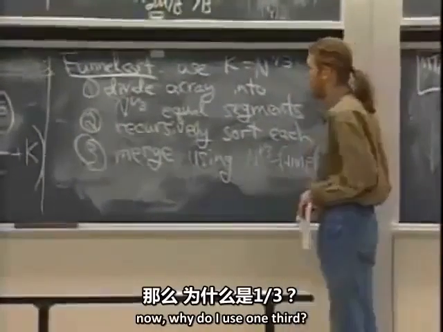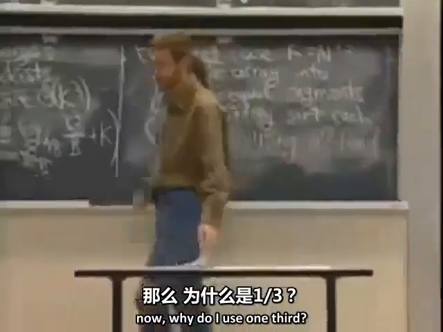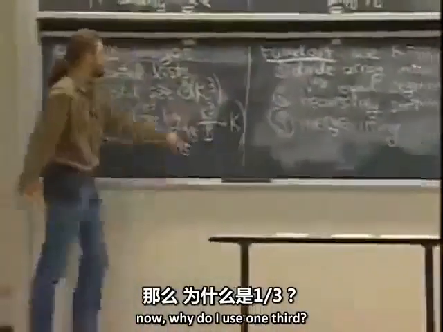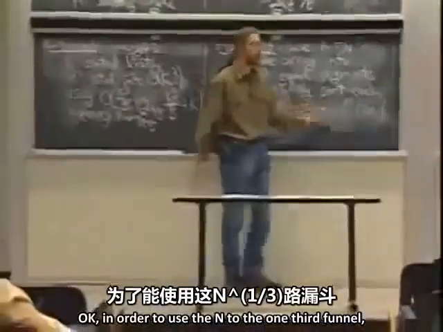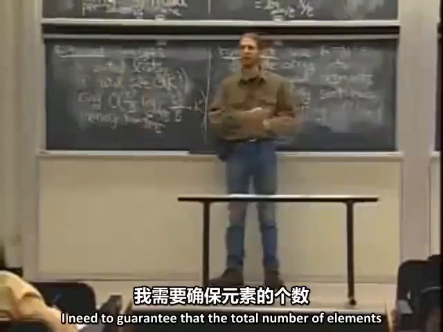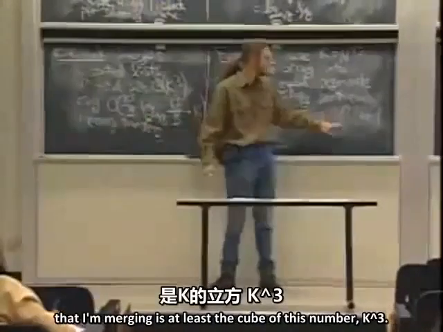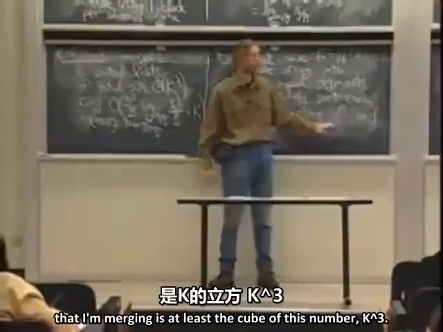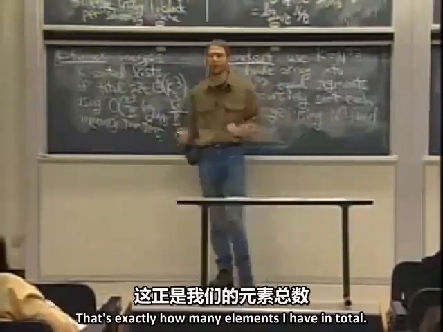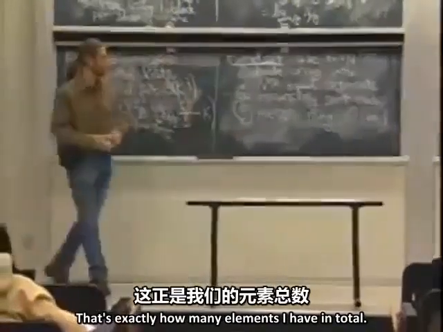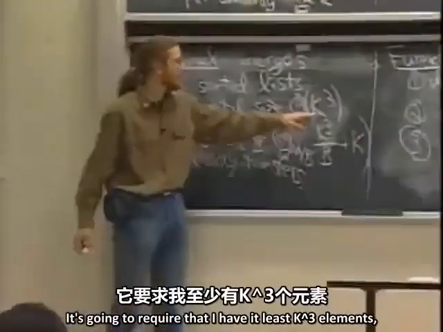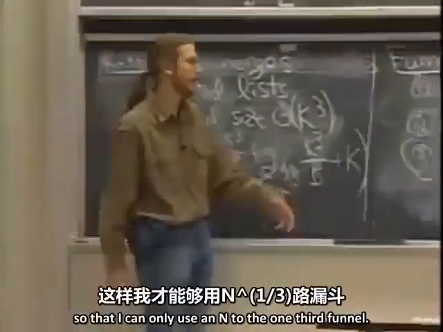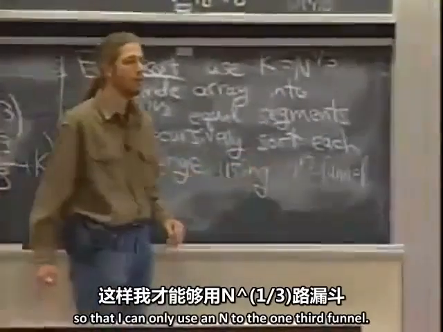Why do I use 1/3? Well, because of this 3. In order to use the n to the 1/3 funnel, I need to guarantee that the total number of elements I'm merging is at least the cube of this number, k cubed. The cube of this number is n. That's exactly how many elements I have in total. So this is exactly when I can apply the funnel. It's going to require that I have at least k cubed elements, so then I can only use an n to the 1/3 funnel.